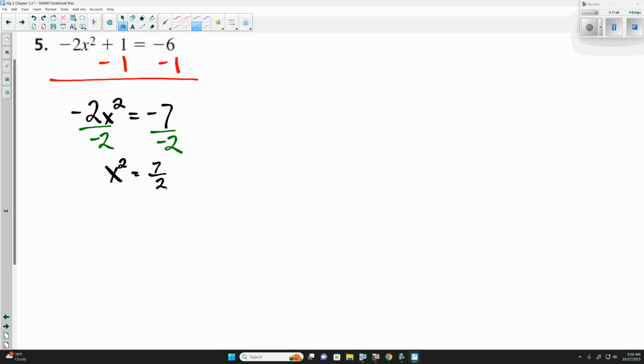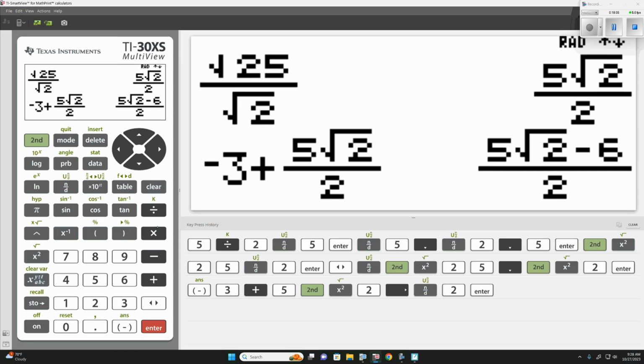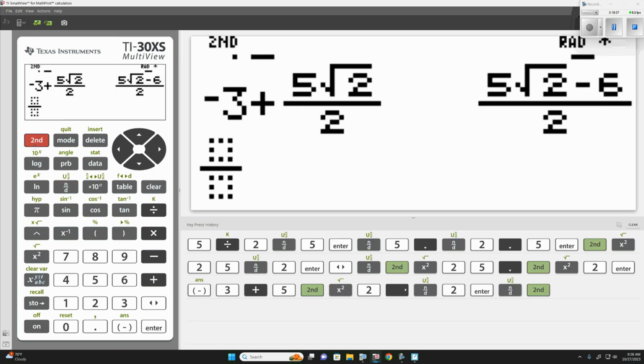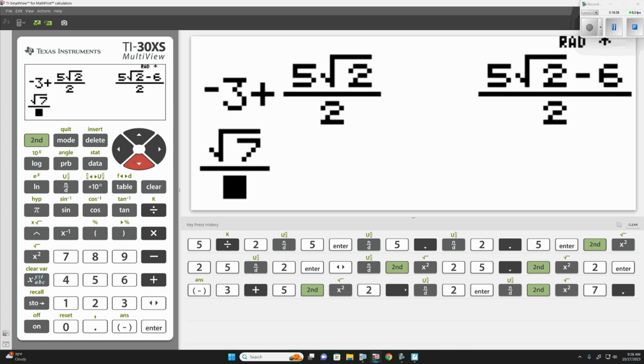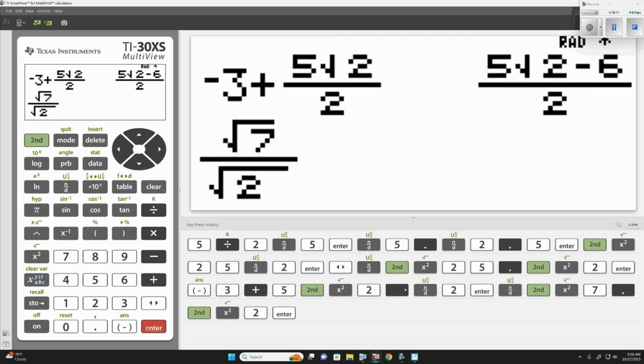And last but not least, we would take square root of both sides. Now the square root of our x squared is going to be x is equal to plus or minus. Now again, to simplify the square root of 7/2, we can do this in a calculator. But if we do this in a calculator, we need to take the square root of the numerator over the square root of the denominator.